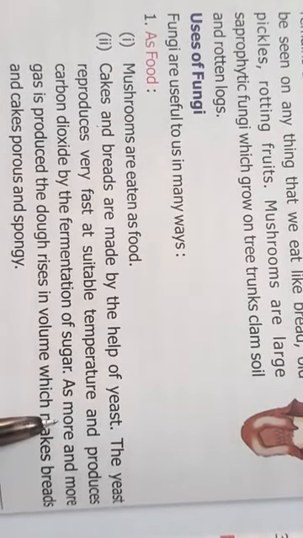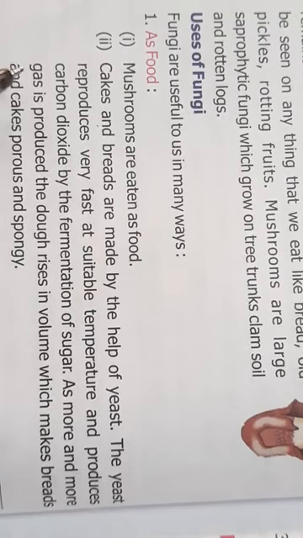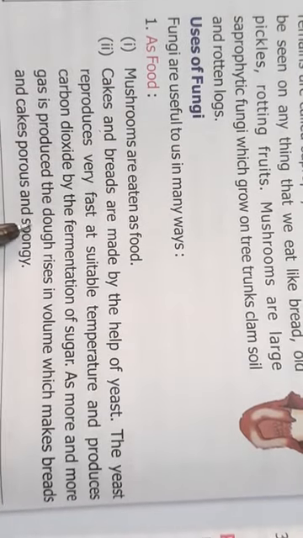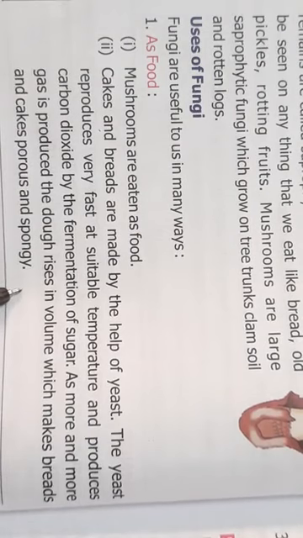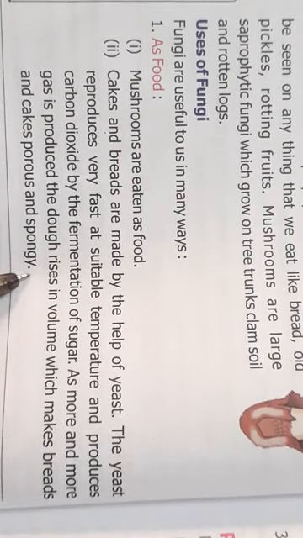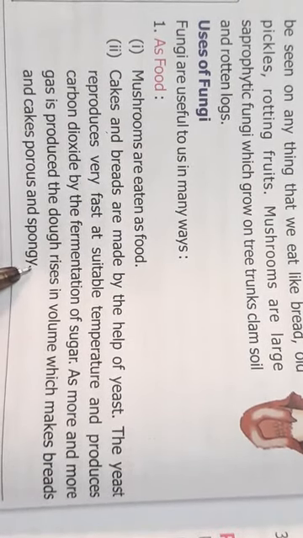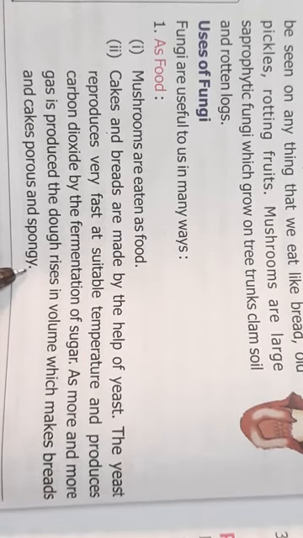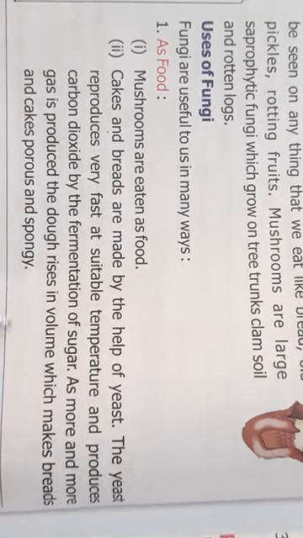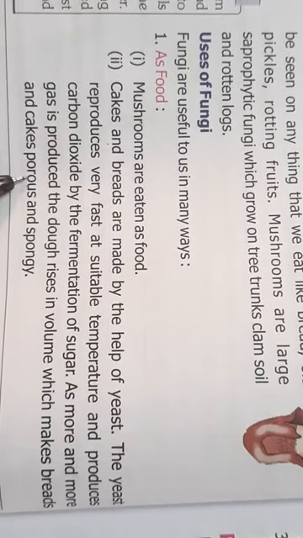It is because of the production of more and more carbon dioxide gas that the dough rises in volume. Whenever you are making cakes, breads, or you must have seen your mother making chole bhature, they add yeast and it makes the bread and cakes very spongy.